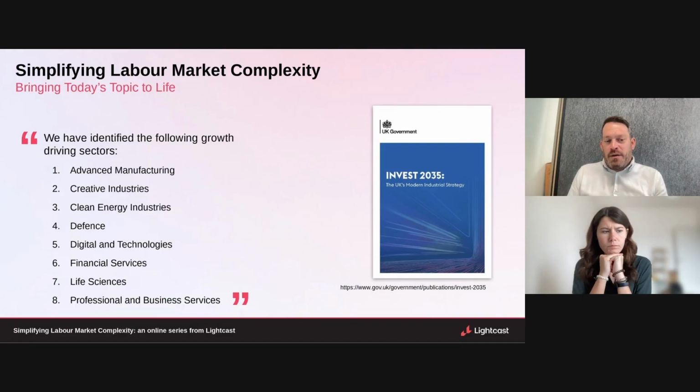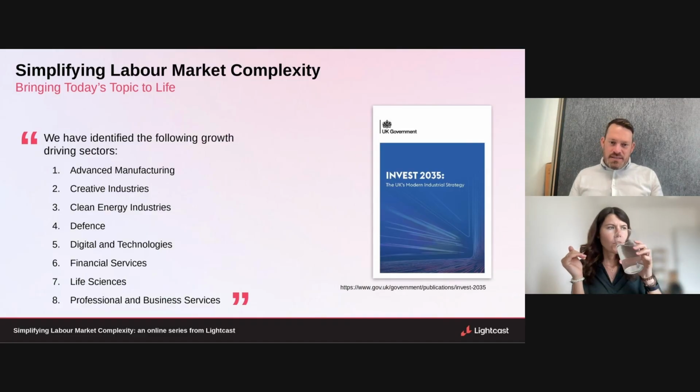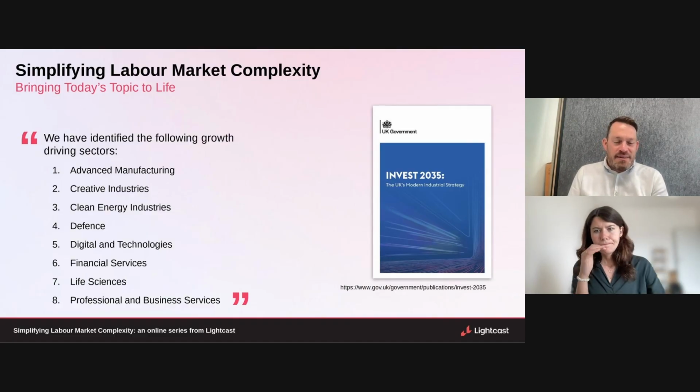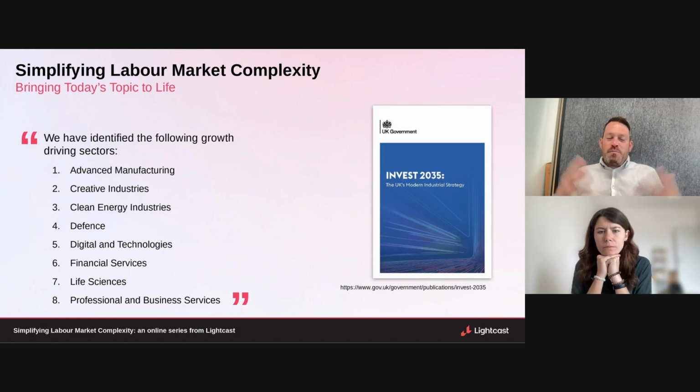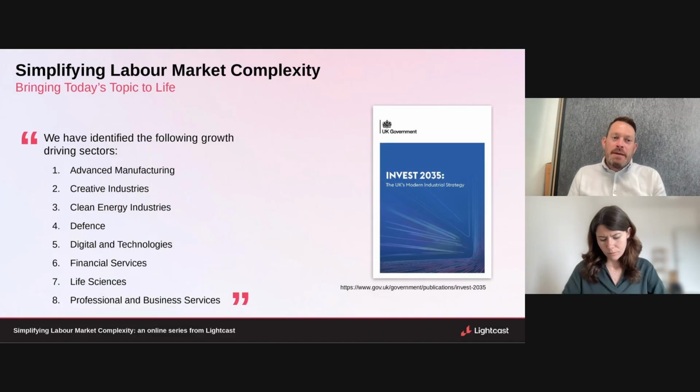And so this industrial strategy, and there's a link there, and if you haven't seen it, I'd certainly recommend popping over and having a little look. But the headlines really are that there are 8 key sectors that I think the government is really rallying around in terms of investment and development.